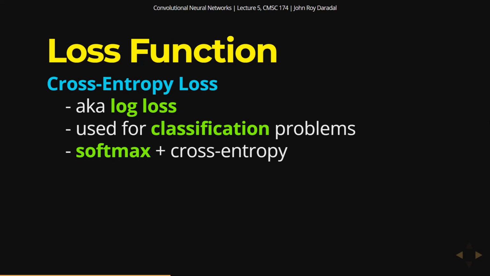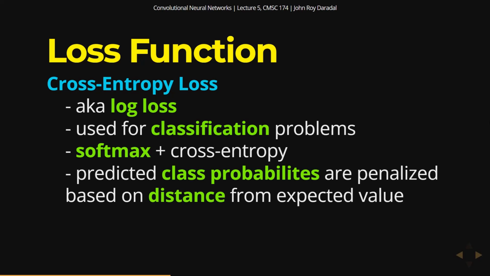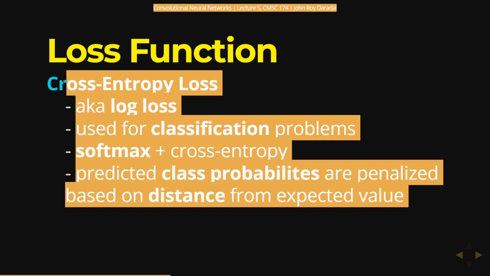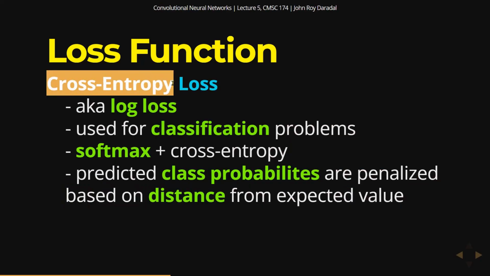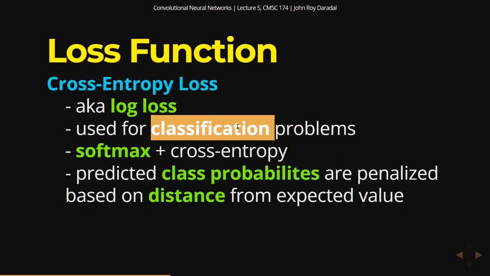So those probabilities would be used for the cross entropy loss. And how does it do that? Well, the predicted class probabilities are penalized based on the distance from the expected value. So that is why we need to use softmax, because softmax and cross entropy come hand in hand for classification problems. Okay, so I'll show you an example of how to do it exactly in the next slide.